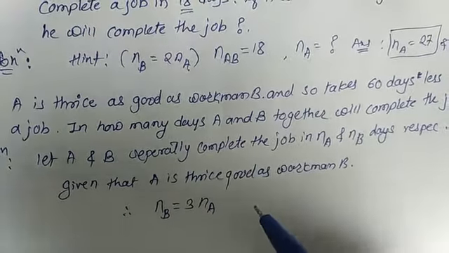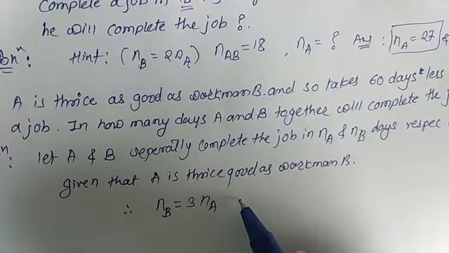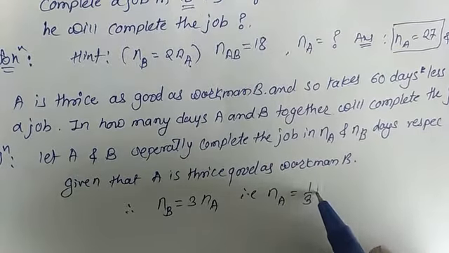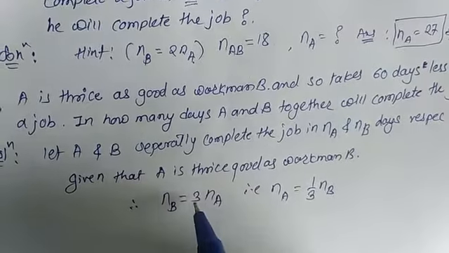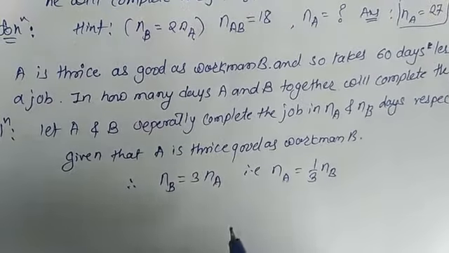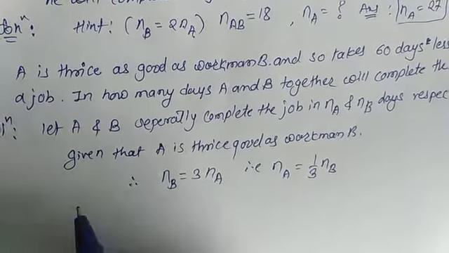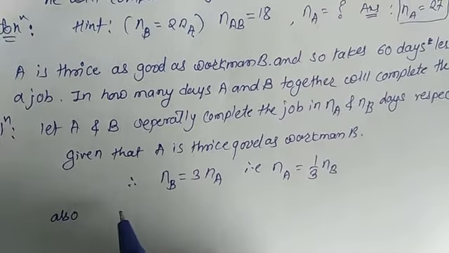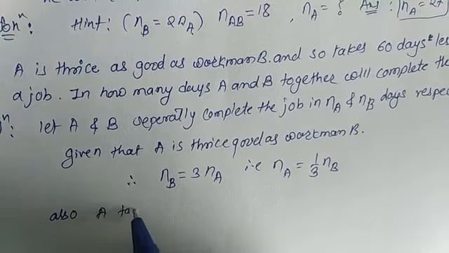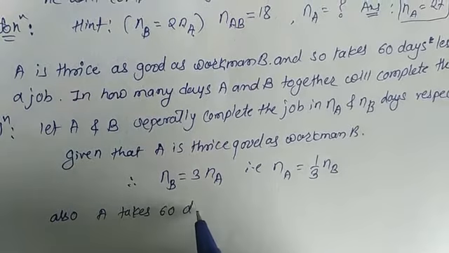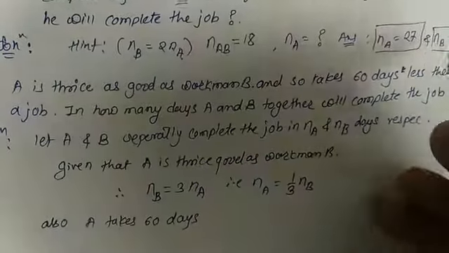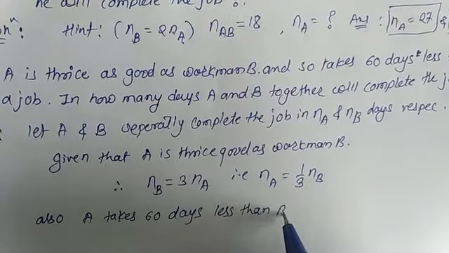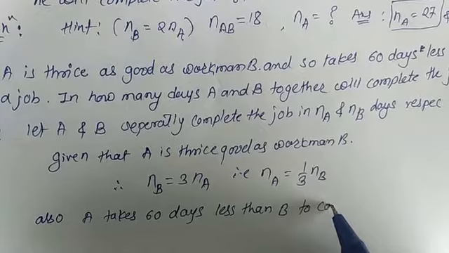Okay, or you can write that n to the base A is equal to 1 upon 3 n to the base B. Okay, 3 is a multiplier, it can be taken to the left, so it will be divided. And also A takes 60 days less than B to complete the job.